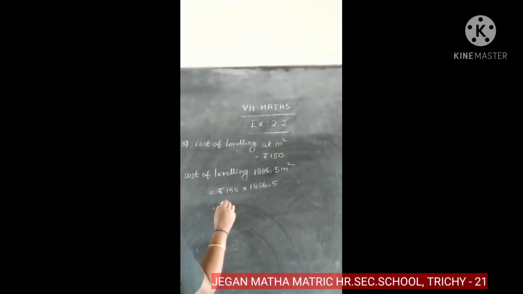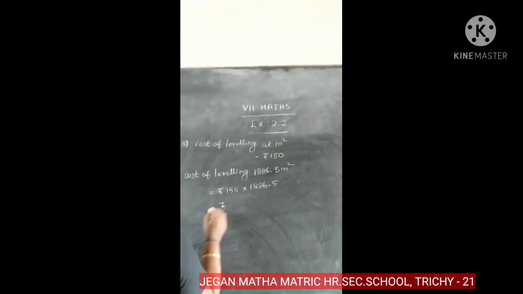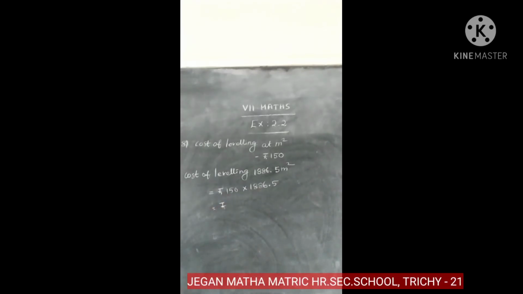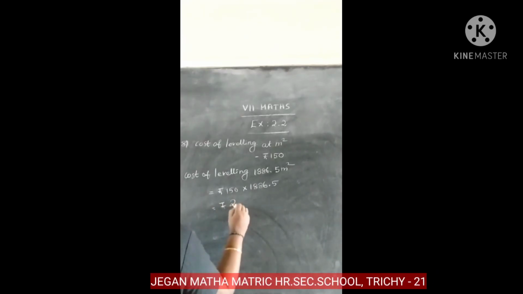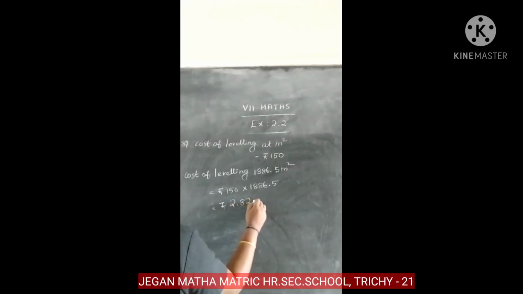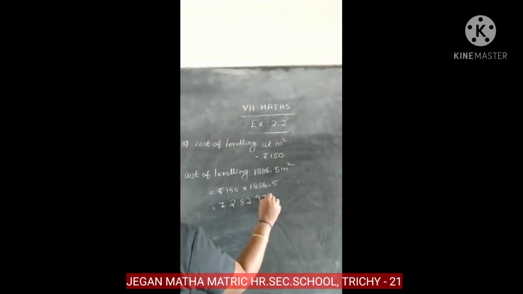So this is rupees, multiply with the two numbers, we have 2,82,975.